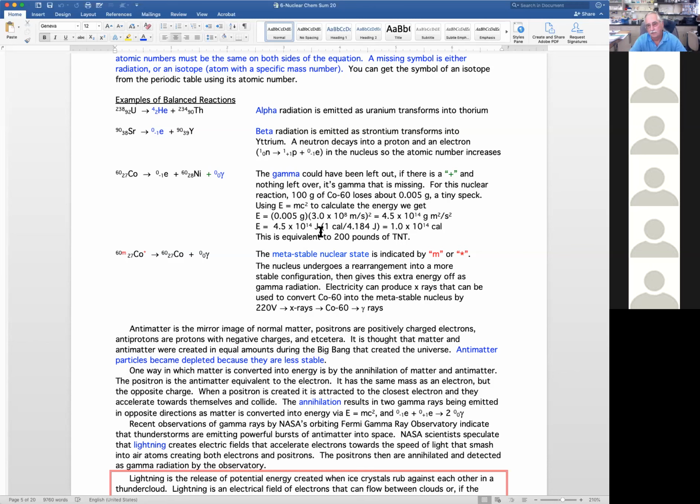Then I converted it into calories because you're more used to seeing calories. Look at the number right there. That is a huge number. That number is equivalent to 200 pounds of TNT. So yeah, there's tremendous amounts of energy involved in nuclear reactions.